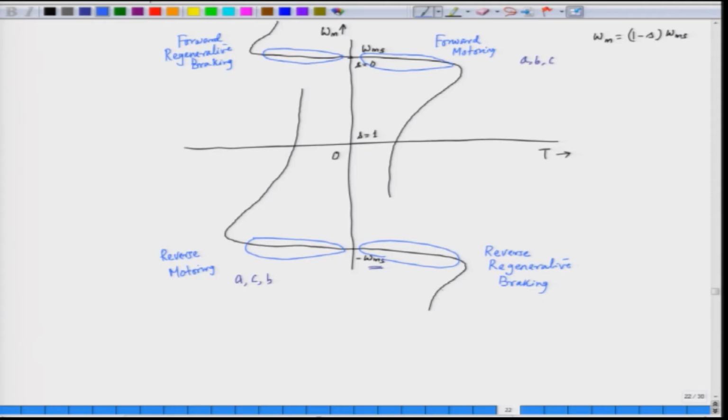So, we have the first quadrant, which is for the motoring, and the second quadrant is for the forward braking, and in the second quadrant we have this characteristic which is basically for plugging. This is called forward plugging.